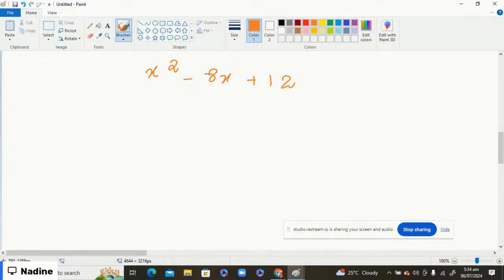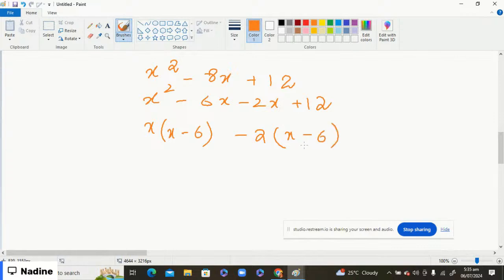So here is 12. When you break 12, it's 2 and 6. 6 plus 2 is 8, and with a negative sign, you put the negative sign with it. When you add, you get the answer 8. So it's x square minus 6x minus 2x plus 12. So here x is common, x minus 6, minus 2 is common, x minus 6.